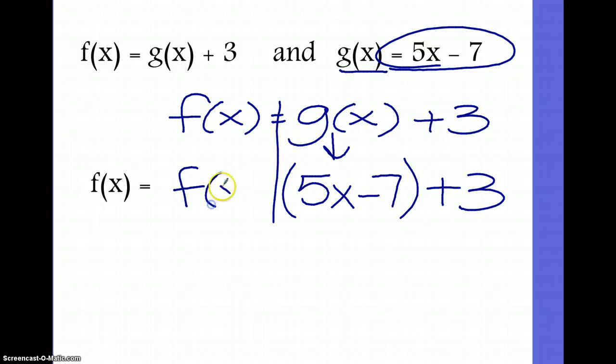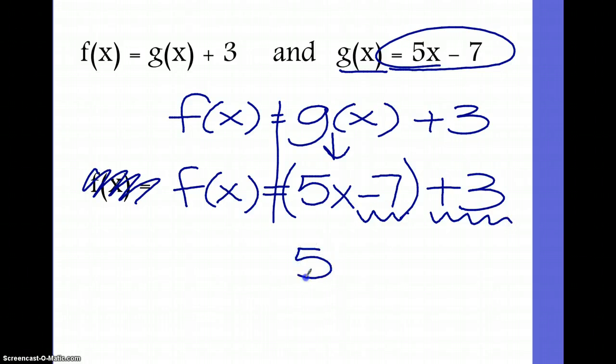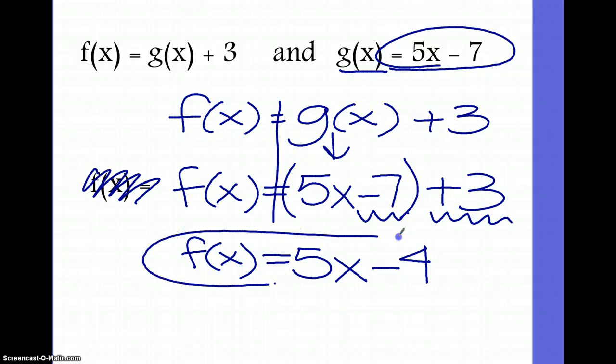Bring down f of x. So from here, there's nothing to distribute. Combine like terms. Negative 7 plus 3 leaves us with negative 4. And if I bring down f of x, we now know f of x, the equation, is 5x minus 4.